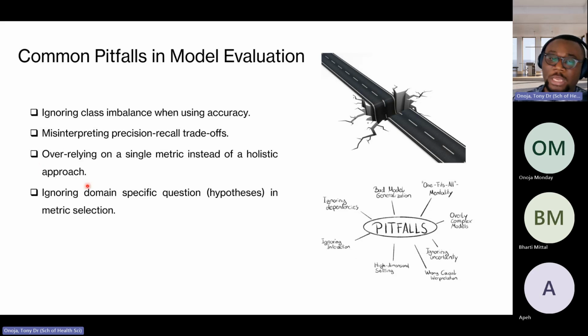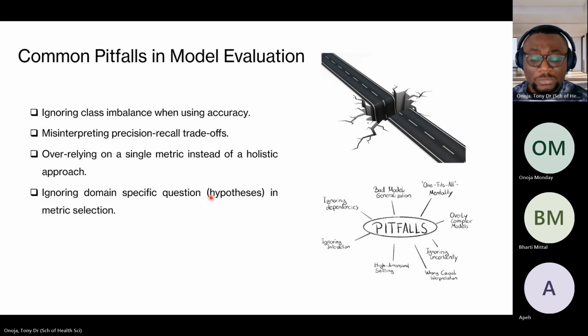Now, do not ignore the domain-specific question or the testable hypothesis of interest when you are selecting your model metrics. Like I said, look at the metrics and the question you want to answer. For example, in my PhD thesis, I looked at COVID cases, where I was predicting COVID-19 severity based on a genetic data set of whole exome sequences.